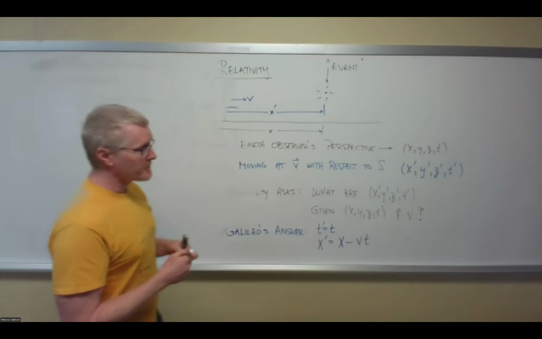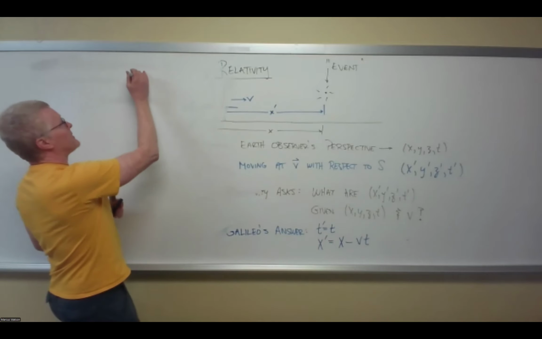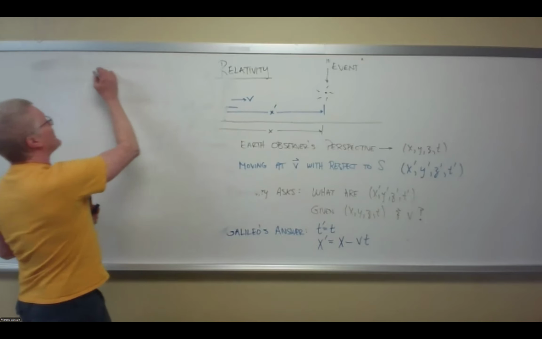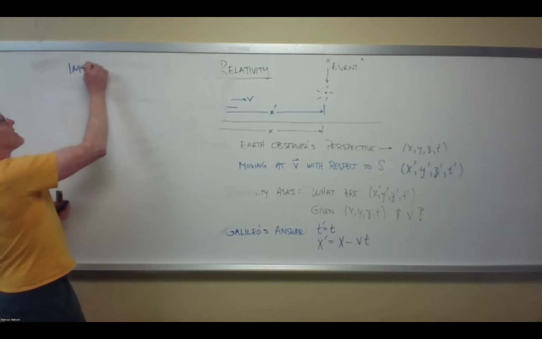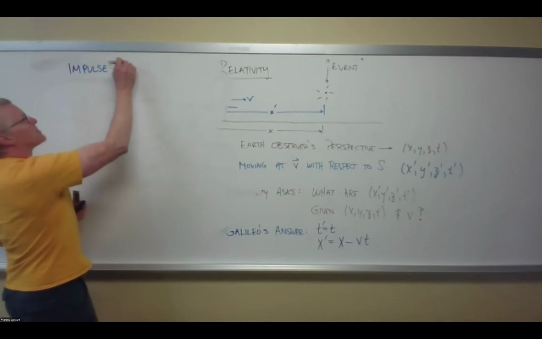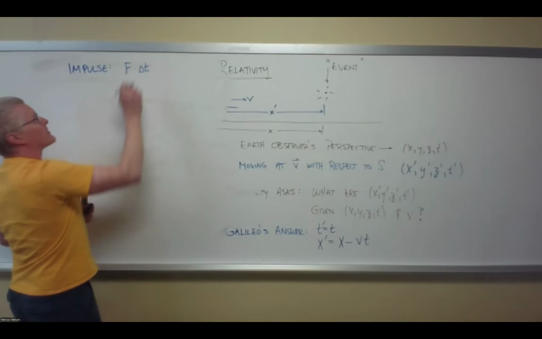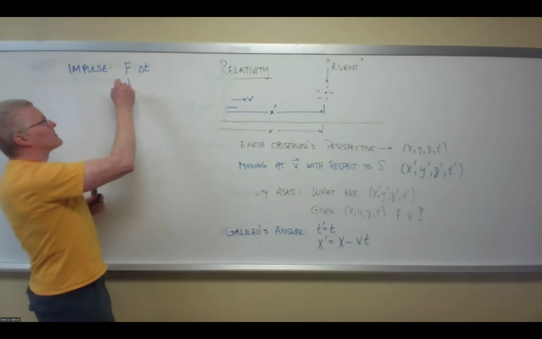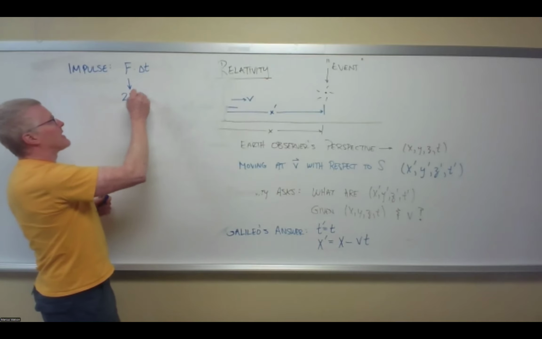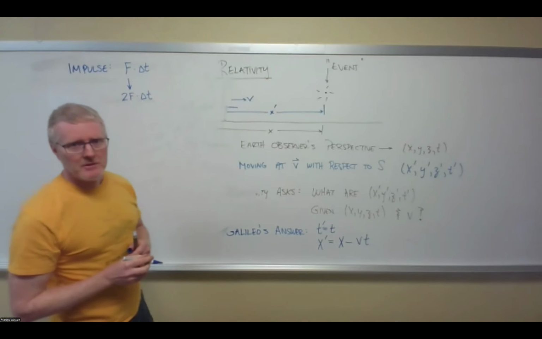Either way, if you think about it as momentum impulse, then what you find is that you pushed on the electron for a certain amount of time, and then you doubled that force and pushed on it for the same amount of time.